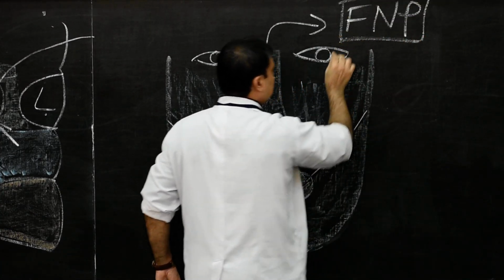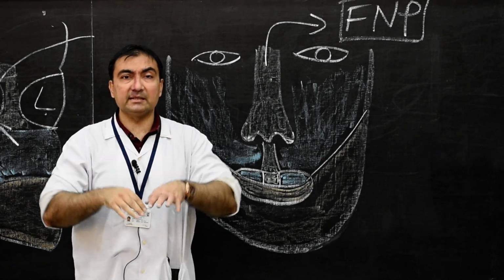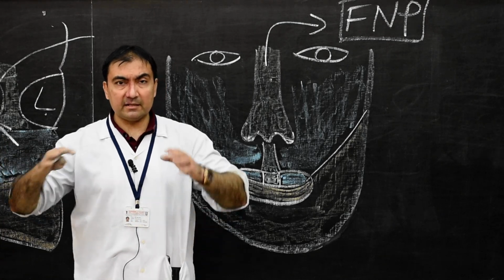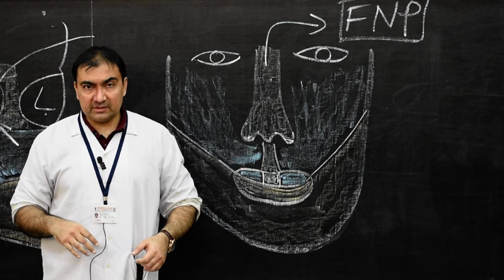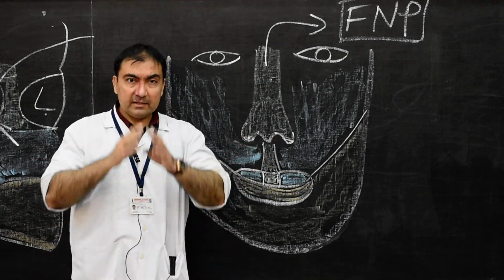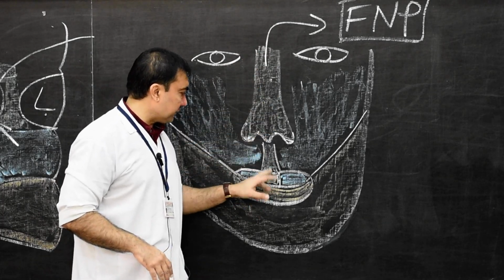And we know that frontonasal process was initially divided into median nasal process and lateral nasal process. Lateral nasal processes have fused with the maxillary process and will develop into ala. Similarly, the median nasal process will form dorsum of the nose, nasal septum, philtrum, central part of upper lip, premaxilla.